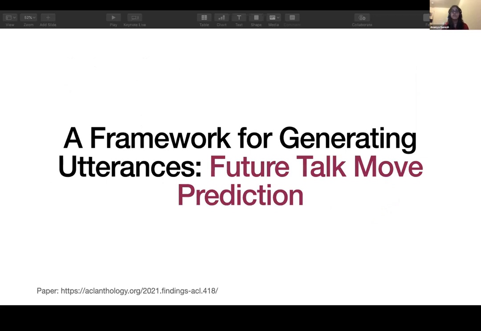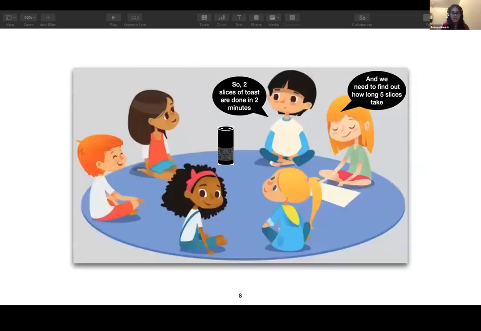So to get there, we propose a framework for generating utterances that involves first identifying the kind of intervention or talk move that is to be made, and then generating utterances that adhere to that talk move. Let's look at a small example.